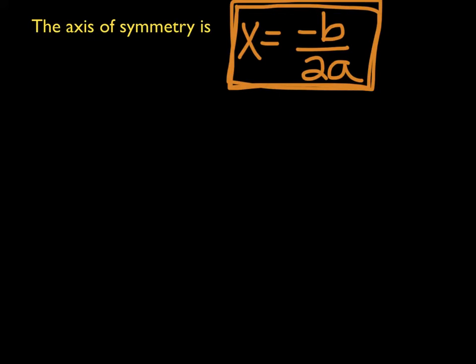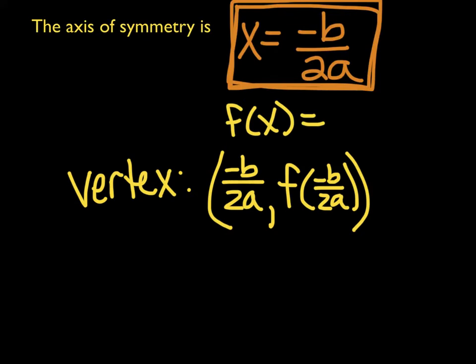This will be the x value of your vertex, and so then you can just plug this x value into whatever the function is and then get the y value of your vertex. All I'm saying here is negative b over 2a gives you the x value, and then f of negative b over 2a, you just plug that x into the function, you'll get the y value of your vertex.